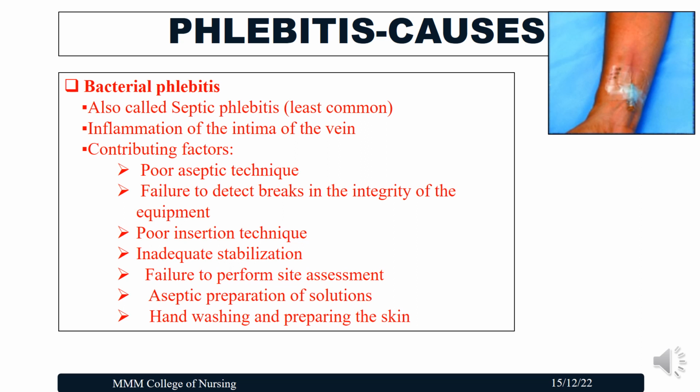So if we are not inserting an IV cannula in an aseptic technique, there is a chance for infection in the intima of the vein. So that is known as bacterial phlebitis.